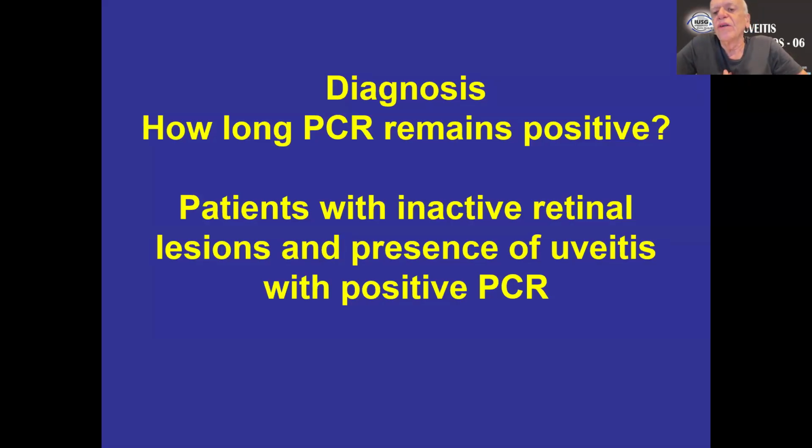We do not know, as far as I know, how long a positive PCR remains in the vitreous after the inflammation is over. Where does it come from? Is it possible that it's inside the eye because it comes in circulating cells, or are there other possibilities?